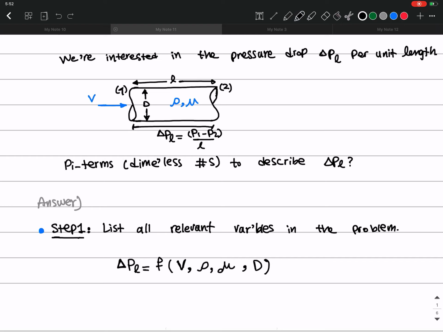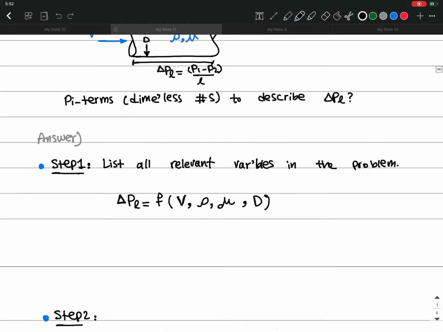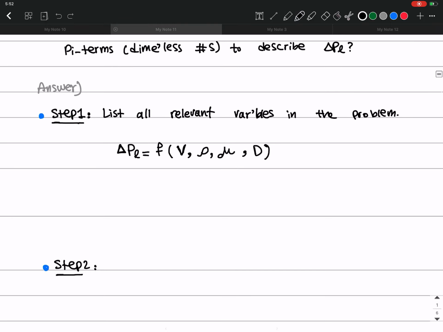So here, you should try to write the most relevant variables in the problem so that you can find the most relevant and most important pi terms that really determine the pressure drop in this system, okay? And these are the most important fluid mechanics, flow, and also the pipe dimensions for this problem, okay?